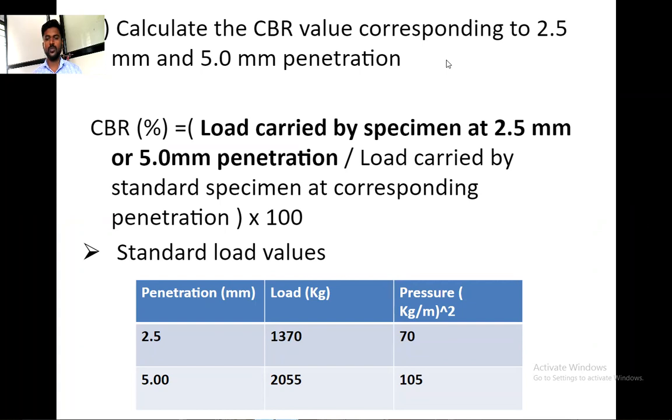Write down the values for the standard penetrations. How much should the load value be? How much should the pressure be for that standard penetration?